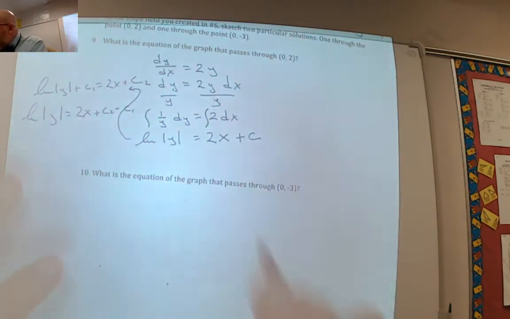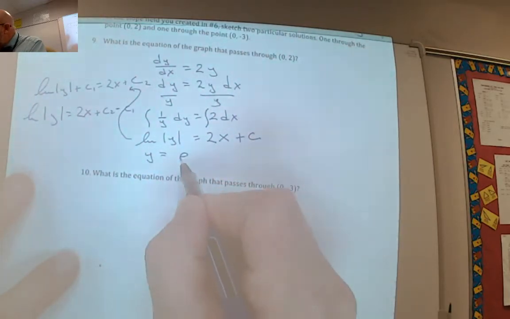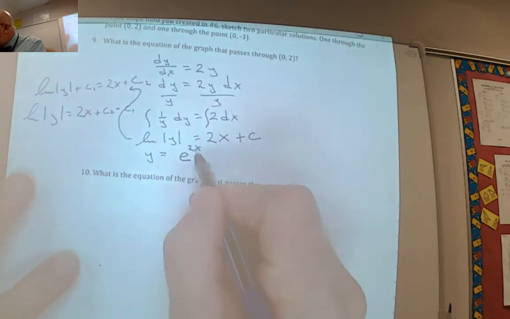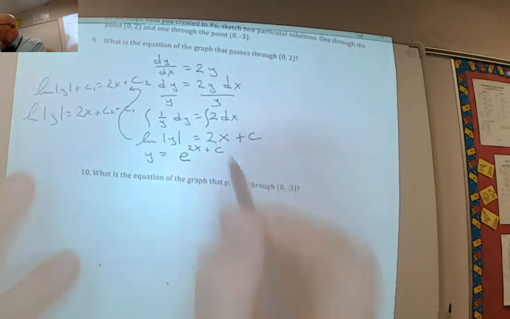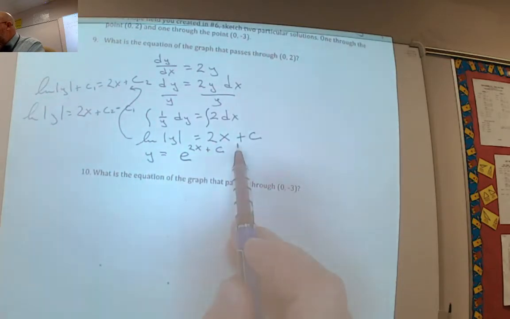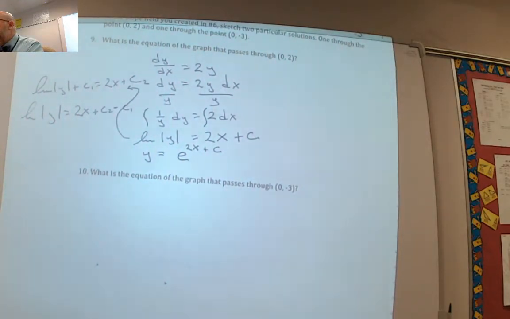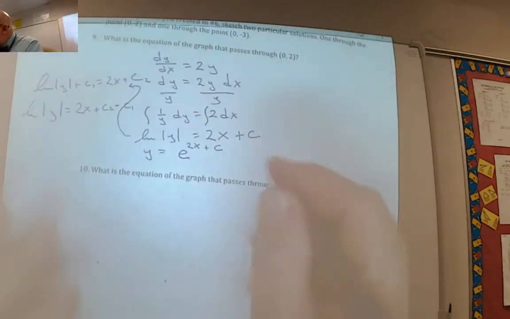All right. So my next step is to rewrite it like this. This logarithm has a base of e. That's the exponent. That's the answer you get when you take e to that power. Are we all right there? Okay.